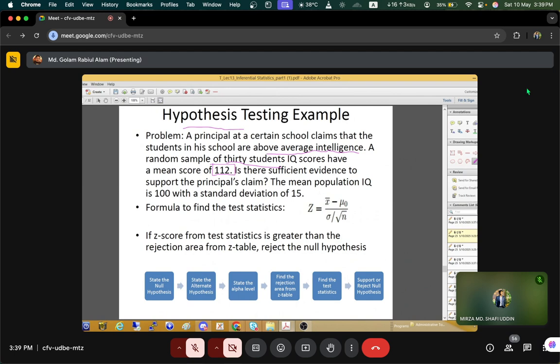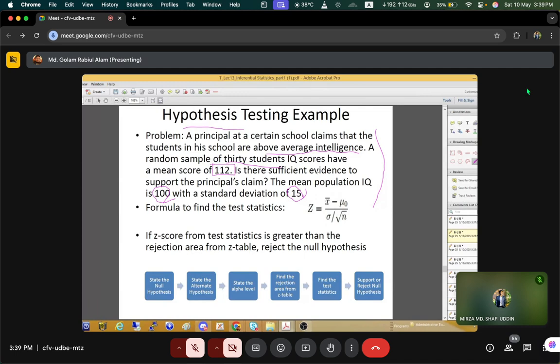The mean population IQ is 100, with a standard deviation of 15. So these are the data given. Then we have to test whether the principal's claim is true or false, that is, whether her students are above average intelligence.